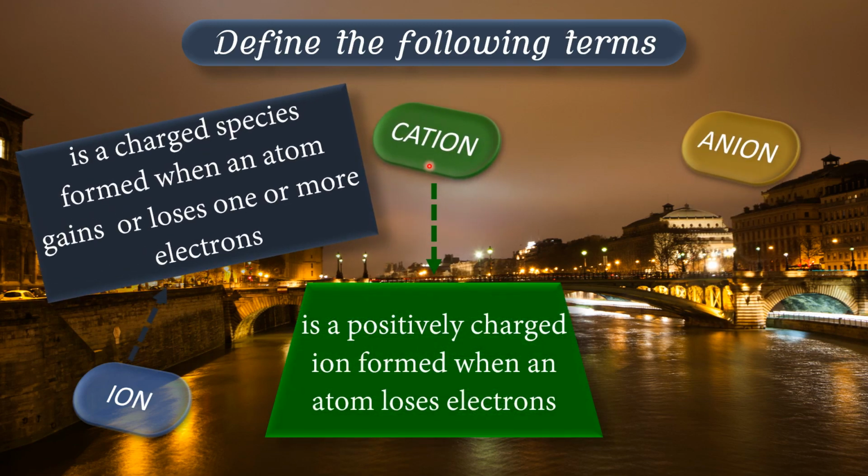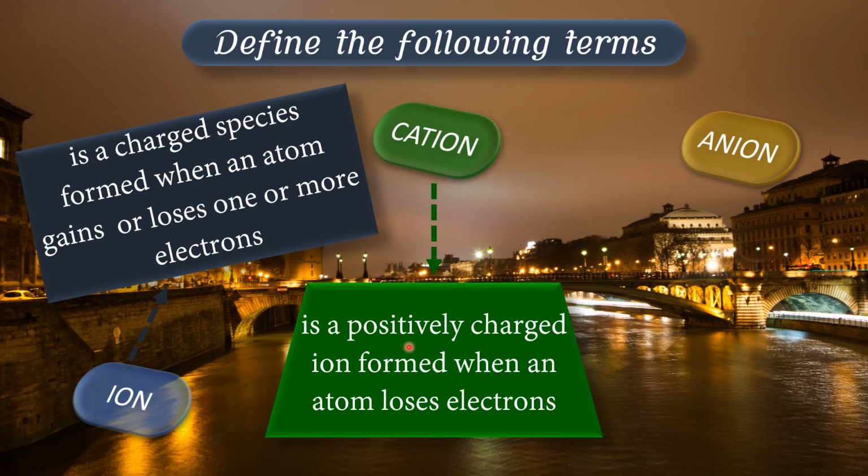Now the cation, this is a positively charged ion formed when an atom loses electrons. So when an atom loses electrons, it becomes positively charged. This is because the number of protons now is more than the number of electrons.